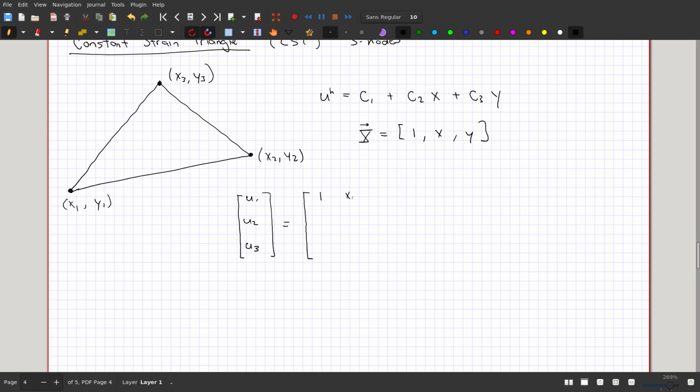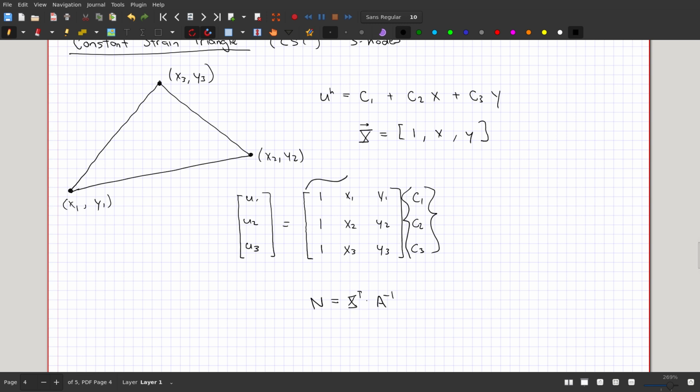So 1, X1, Y1, 1, X2, Y2, and 1, X3, Y3, times C1, C2, C3. And then we can get our shape functions by N equals X transpose times A inverse, where this is A.